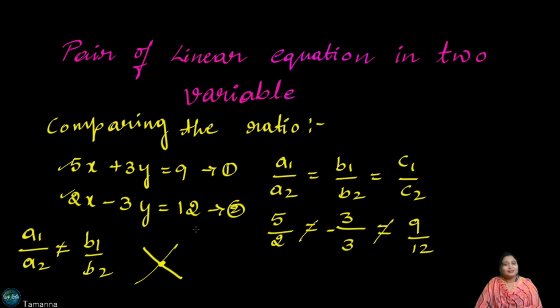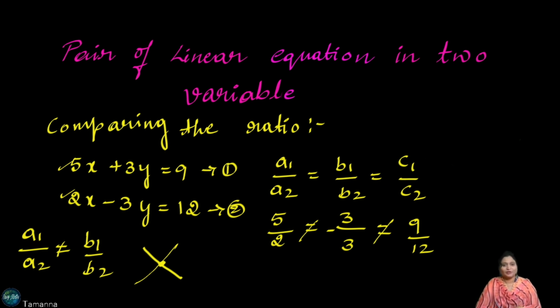How many solutions are there? Only one solution. Due to that reason, this is a consistent pair of equations. So this is an intersecting line. This is a major part regarding the intersecting line.